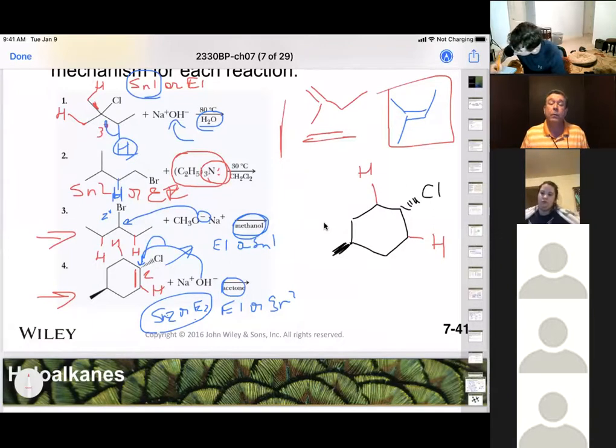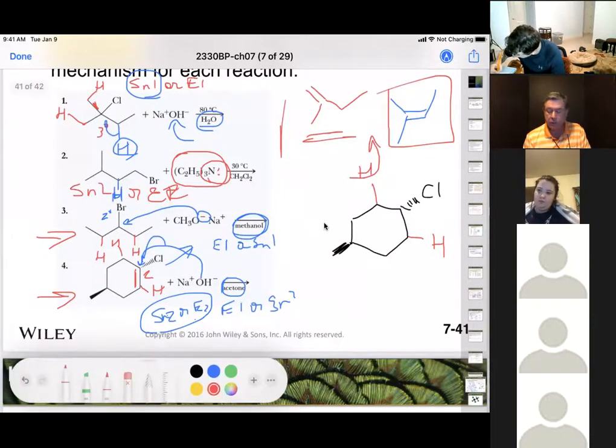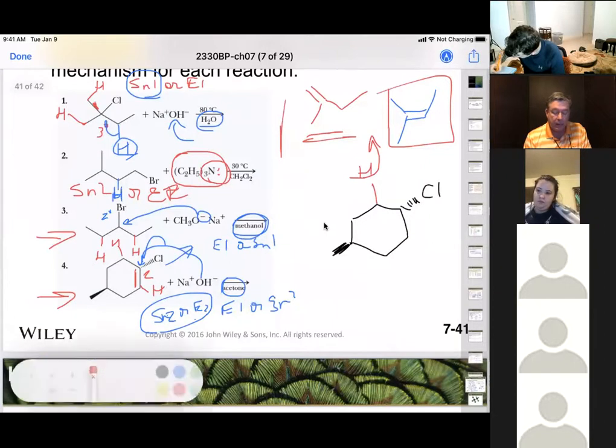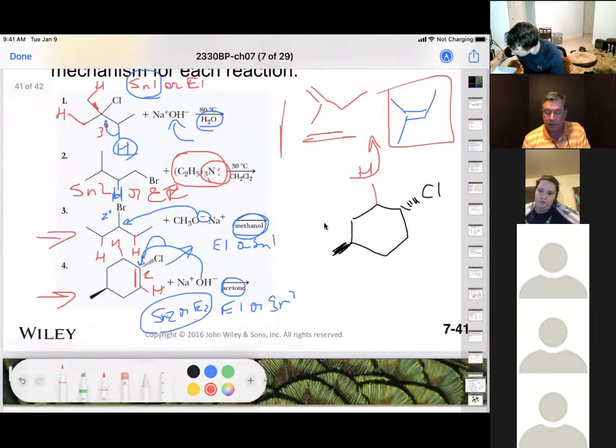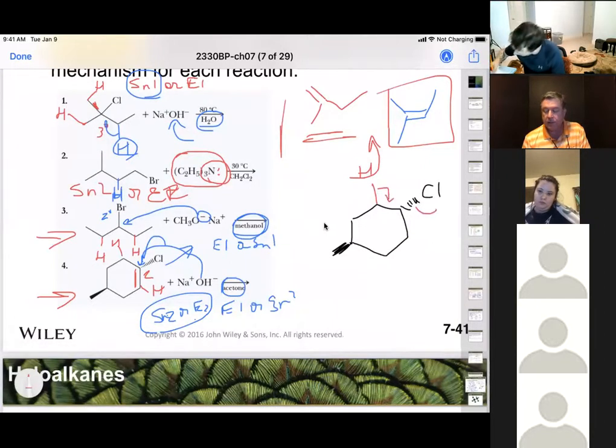If under an E1 or an E2 mechanism, we're going to remove one of these hydrogens. They're the same, so I'm just going to choose the one on the top. When it does that, the electrons from that bond kick in and the electrons from this kick out, giving us our chloride ion.